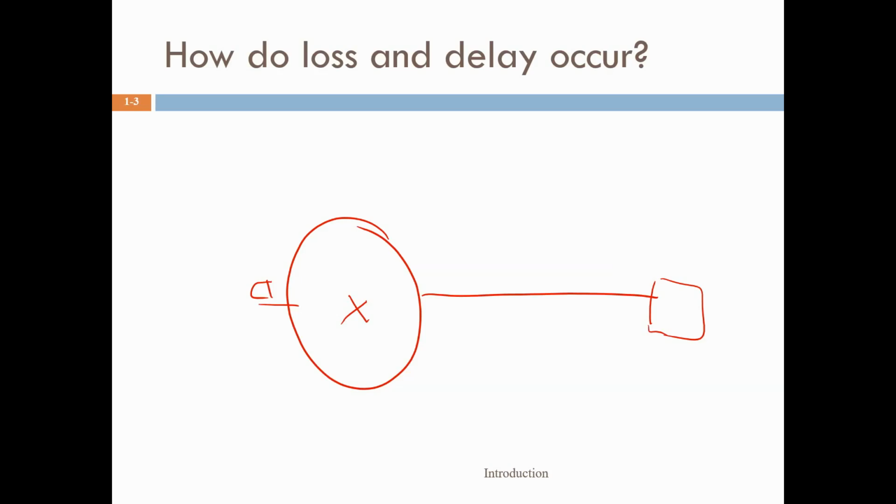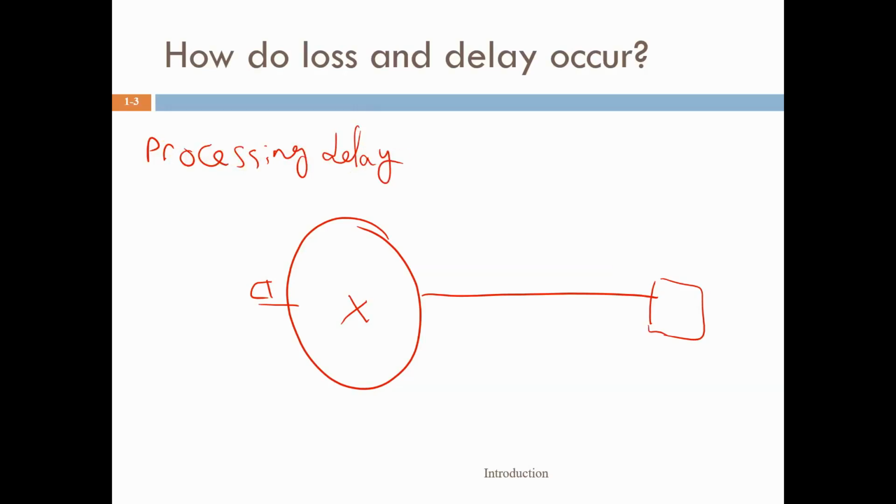So the router will have to process this packet, will have to read the headers in order to know how to forward the packet. So this is the first delay component. This is not a zero time or a zero delay process. There is actually a time that is called processing delay.